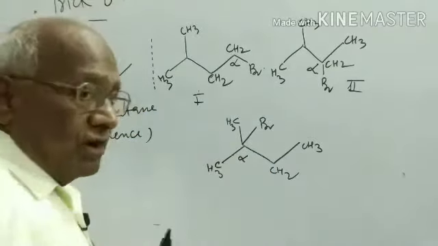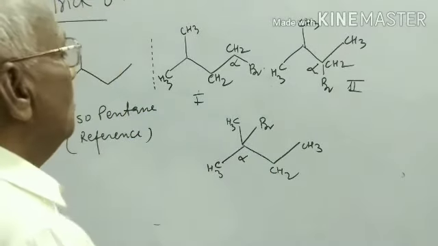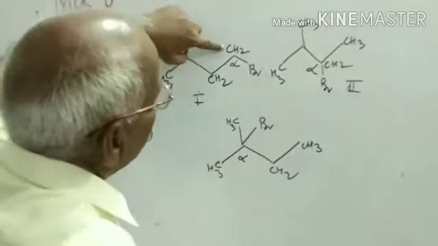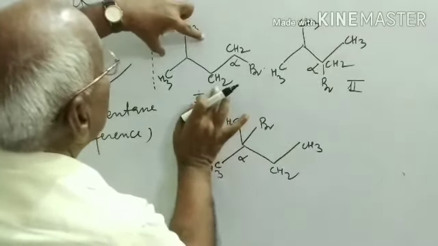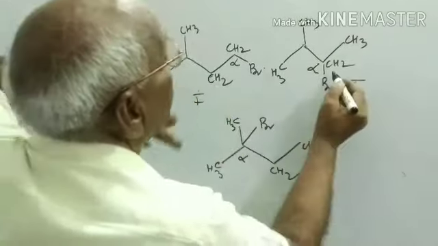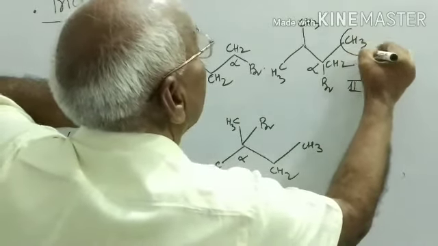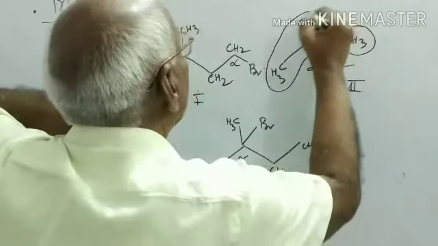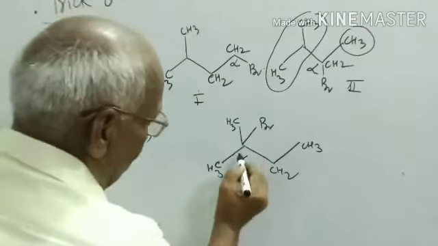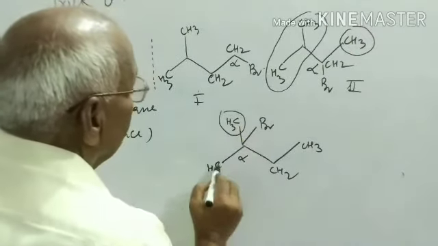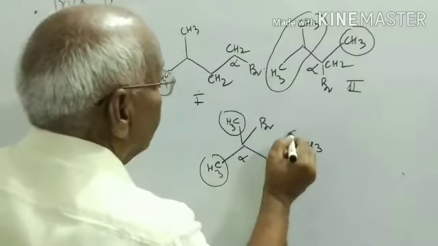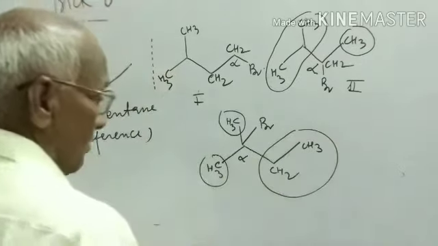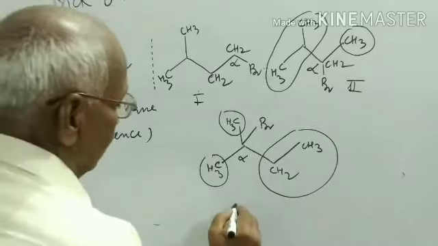And now watch the branches. This alpha has only one branch. This alpha has two branches, one branch here and another branch here. And this alpha has three branches, here and here. So the number of branches is highest in the third molecule.